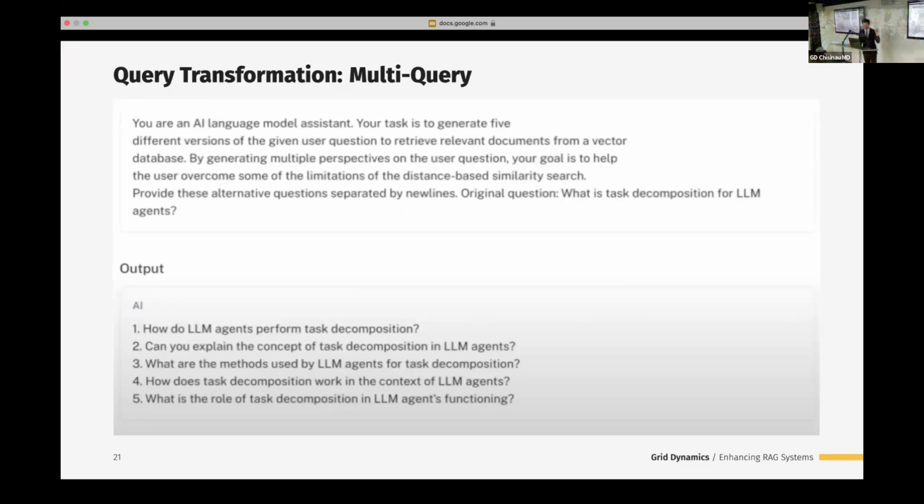The original question was what is the task composition for LLM agents, and you can see the 5 different questions it generates from this question. This is a real example that we used, and you can see that all these questions use different words, so this can increase the chance of finding the right documents.